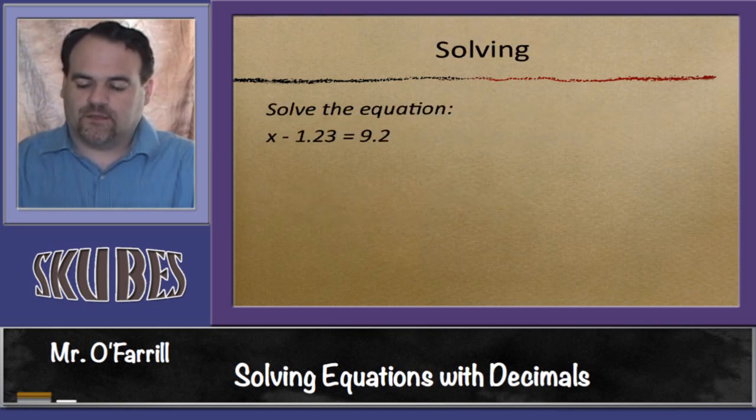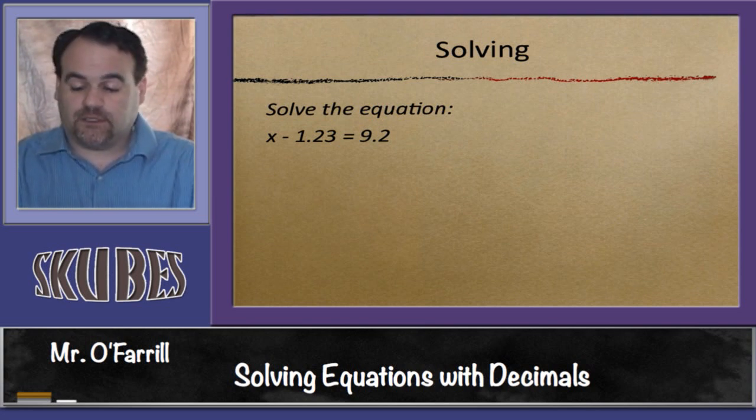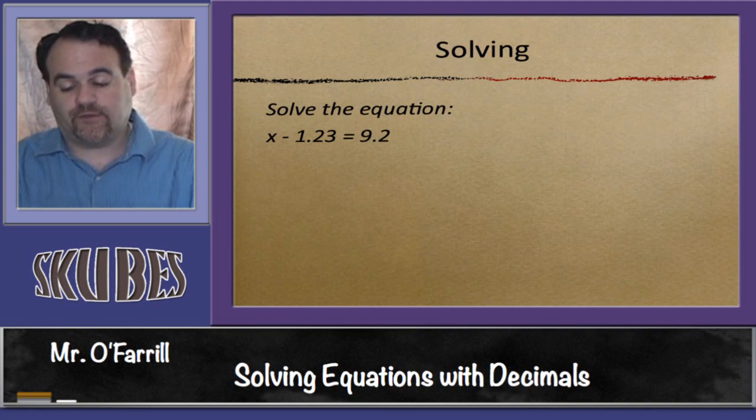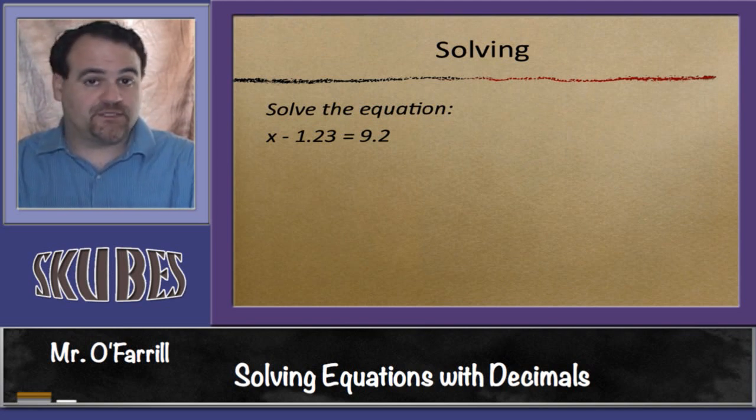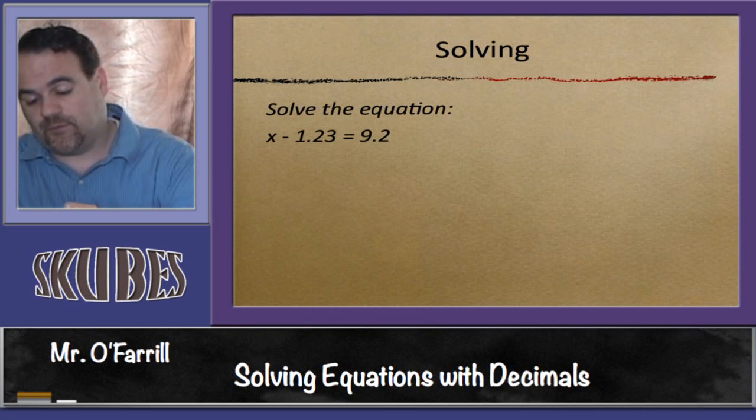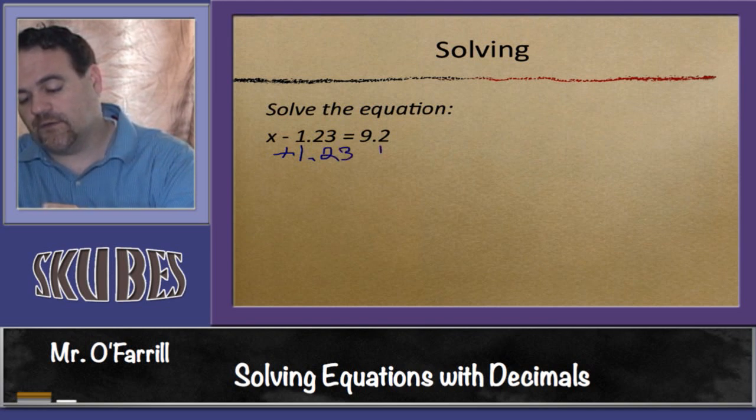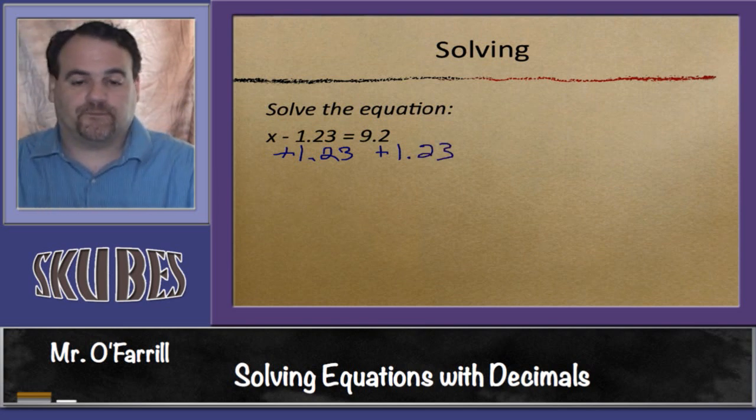So here we go. Solve the equation x minus 1.23 equals 9.2. Well, the opposite operation here would be to add 1.23 to both sides of the equation.